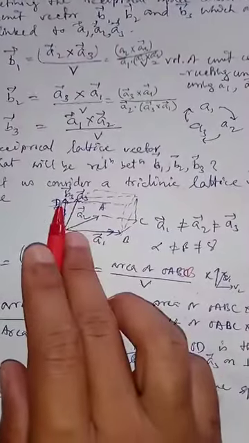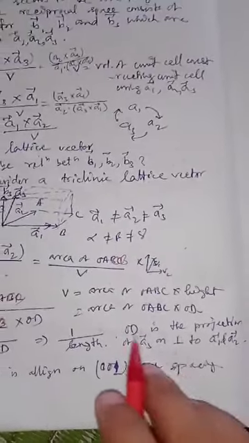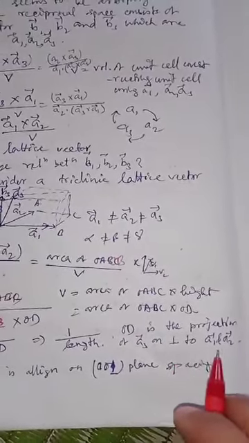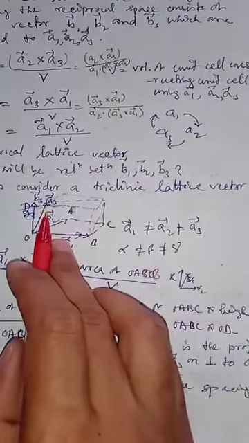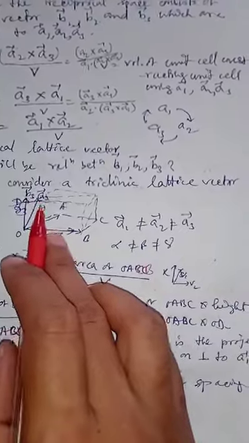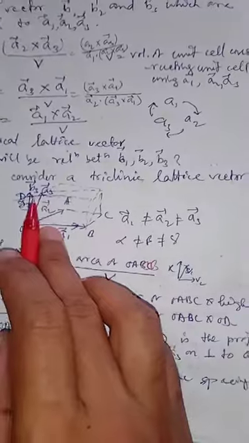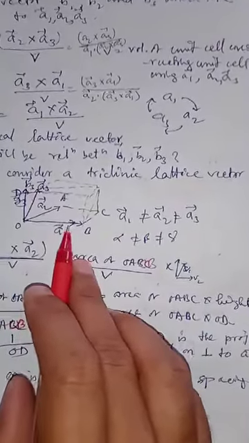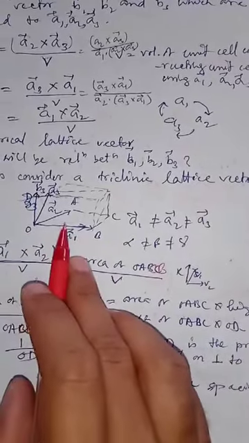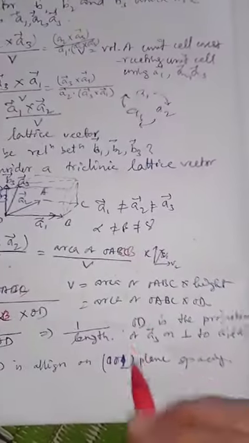OD is the height, and this is basically the projection. OD is the projection of A3 perpendicular to A1, A2. A3 vector is also projected in the upward direction, and the projection will be in the B3. That means B3 is nothing but the perpendicular form of the product of A2 and A3, or A1 and A3, whatever you want to say.